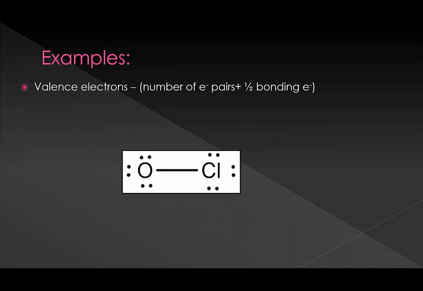Let's do this for each atom in this molecule. Or actually, to be more precise, this ion. This is a hypochlorite ion. Let's first look at the oxygen. Go to your periodic table and find oxygen. See how many valence electrons it has. It has 6.